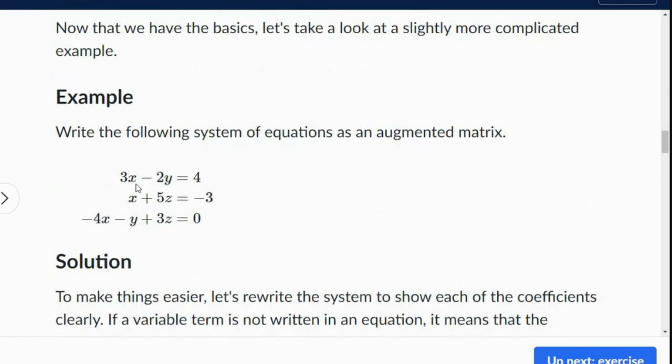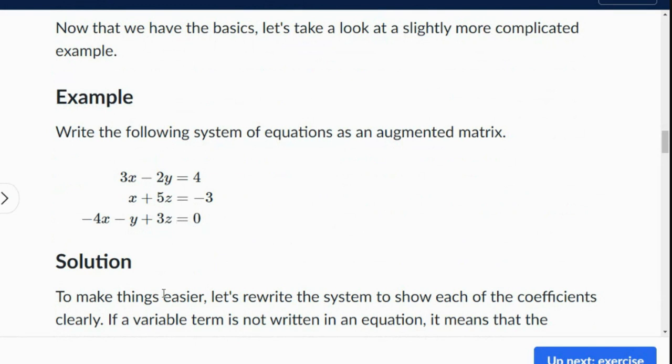So if we wrote this as a system of equations, now we have 3 rows. And it looks like we're going to have more columns. Look, we've got a 3x and a minus 2y equals 4. But then we have an x and a 5z equals negative 3. And then we have a negative 4x and a negative y and a 3z equals 0.